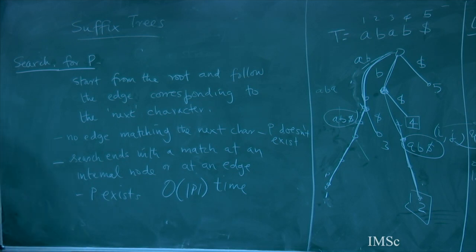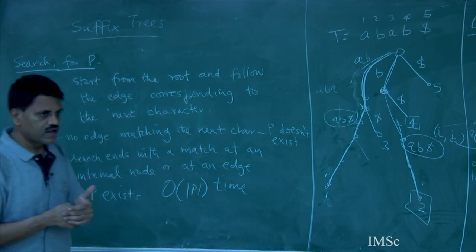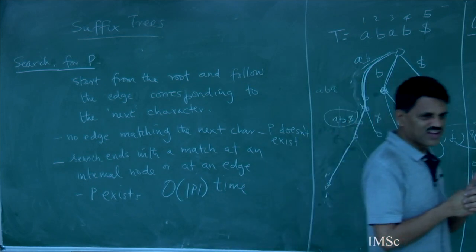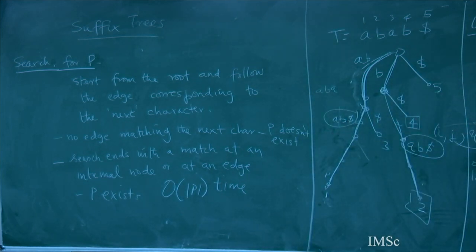So, how much time would it take? Order n, which is not so nice. Not quite order n, you can say it more tightly. Suppose there are k occurrences of the pattern, then order k.